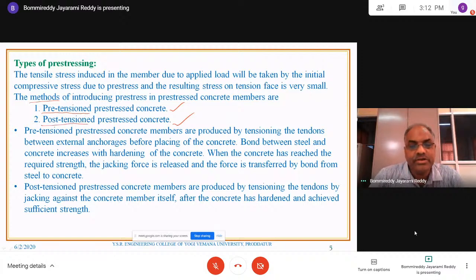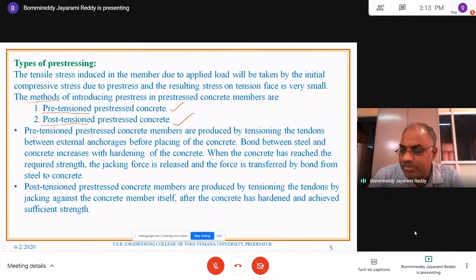Post-tensioning means tensioning the pre-stressing steel after hardening of the concrete, after the concrete attains sufficient strength. So in pre-tensioning, tensioning is before the casting. Post-tensioned means tensioning the cable after the concrete attains sufficient strength. These are the two different terminologies.